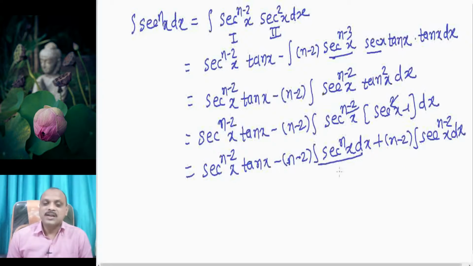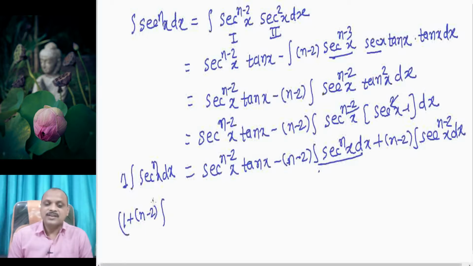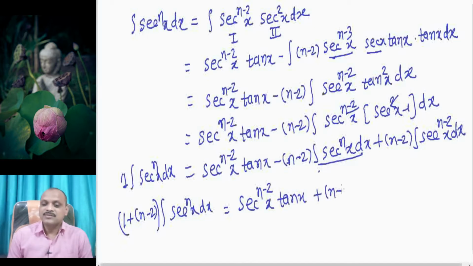Transpose this term to the left side. We are already evaluating this, sec raised to n x into dx. So the coefficient of this is 1 and this minus will become a plus. So 1 plus n minus 2 gives us integration of sec raised to n x into dx equal to sec raised to n minus 2 x into tan x plus n minus 2 integration of sec raised to n minus 2 x into dx. 1 plus n minus 2, that will be n minus 1.